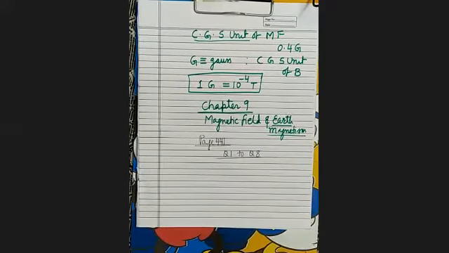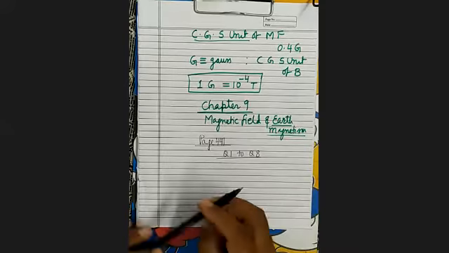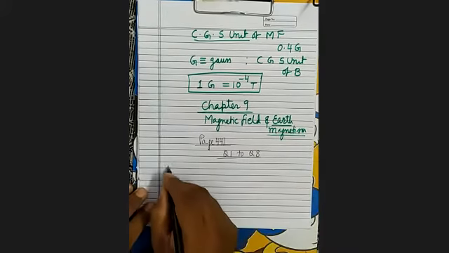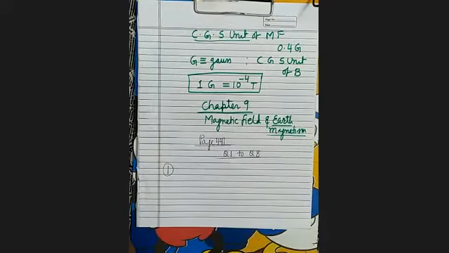So see here, you can see question number 1. Here I am showing the book. This is the book. Question number 1, you can see: a small magnetic needle of magnetic moment 4.8 into 10 to the power minus 2 joule per Tesla is placed at 30 degree with the uniform external magnetic field of magnitude this.